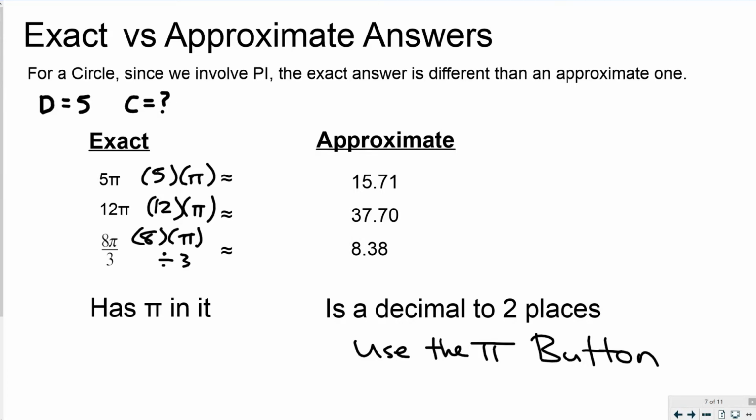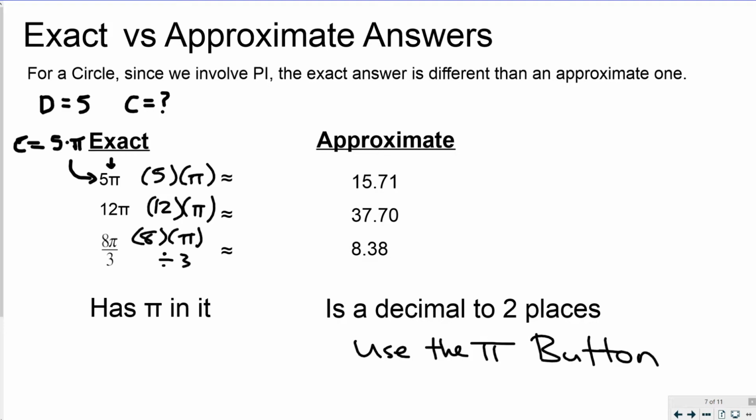So I would use the formula that the circumference is equal to the diameter times pi. And the exact answer is 5 pi. Okay? 5 times pi is the full exact answer. If I am told to give my answer as an exact answer, I stop right here.